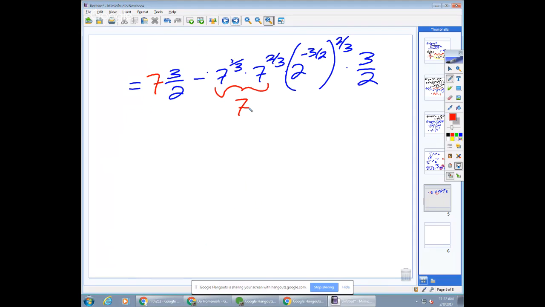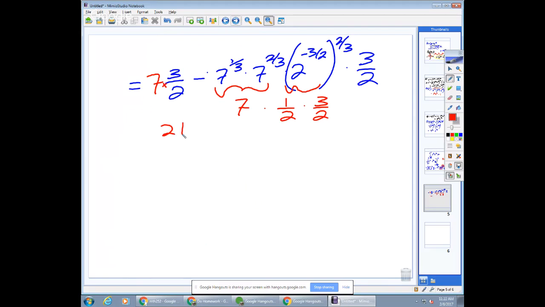And then here, let's see, what's that? That's 2 to the negative 3/2 times 2 to the power 2/3. Negative 3/2 times 2/3 is negative 1, right? So essentially this guy right here is 1/2. And I also have that 3/2 there. And I still have the 7 times 3/2.